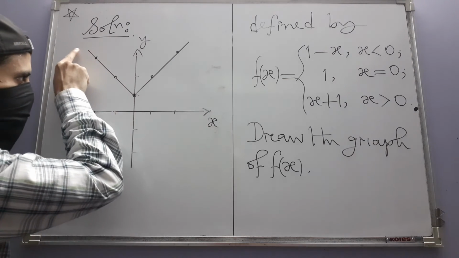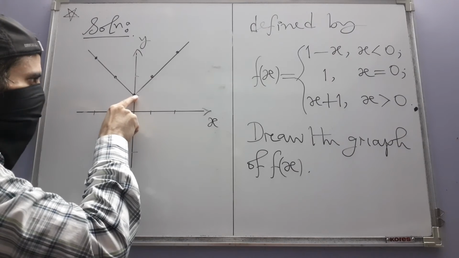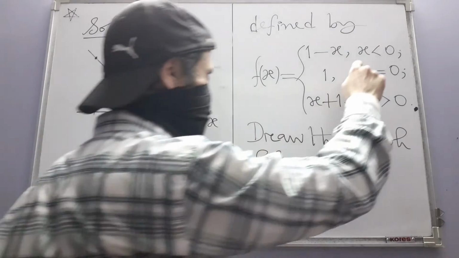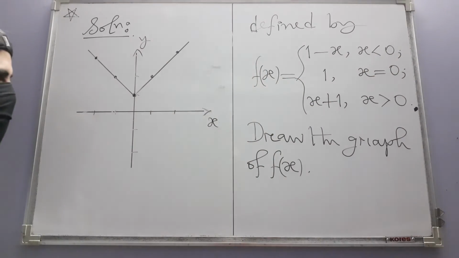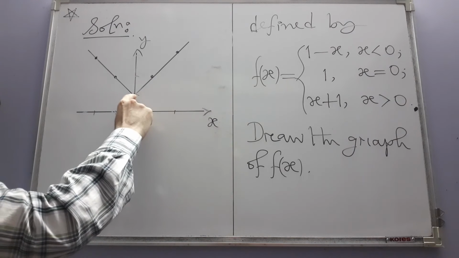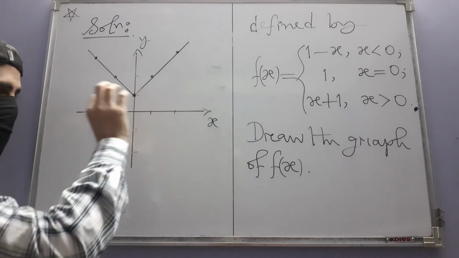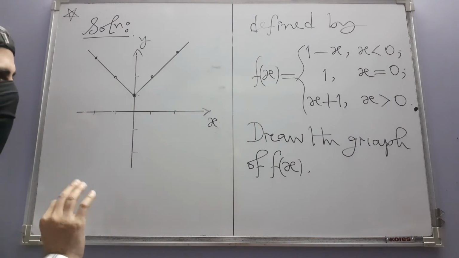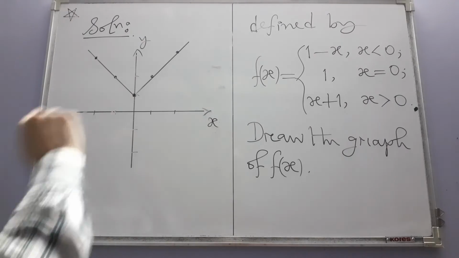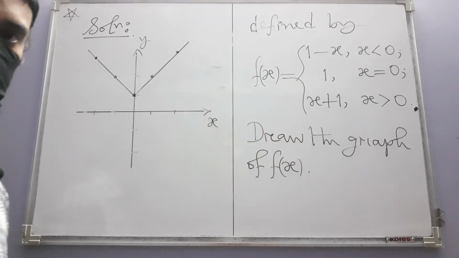So it can be only this straight line. This straight line will come as close as it can to the y-axis without ever touching the y-axis because x is less than 0. But at the same time, at x equal to 0, the value is 1. So this extra point also is a part of the graph. The same can be said about the positive side. The positive side is also a linear function with m equal to 1 and c also equal to 1.